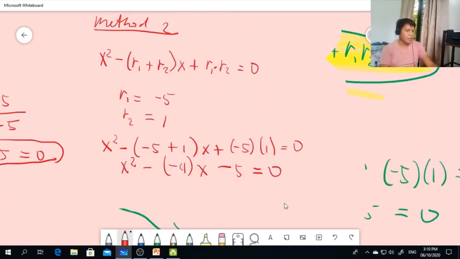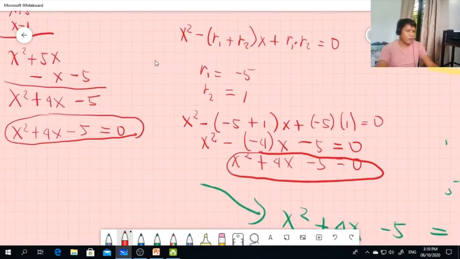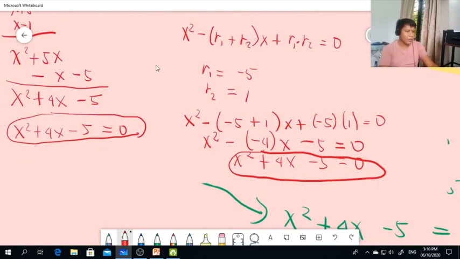So you have x squared plus 4x minus 5, equal to 0. And if you notice, our answer is the same as our first method.